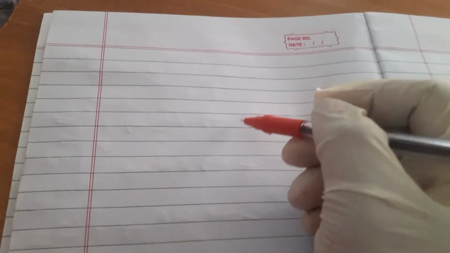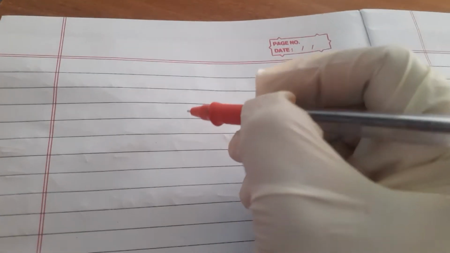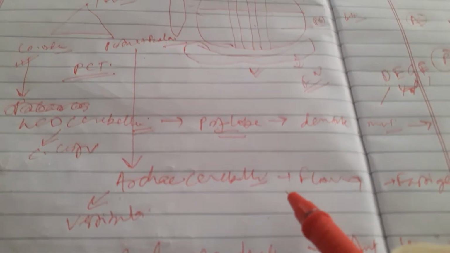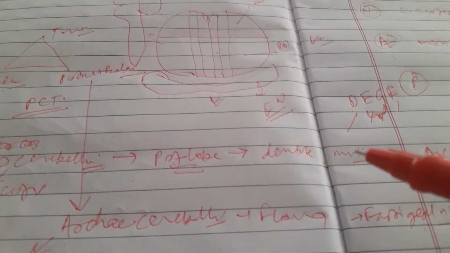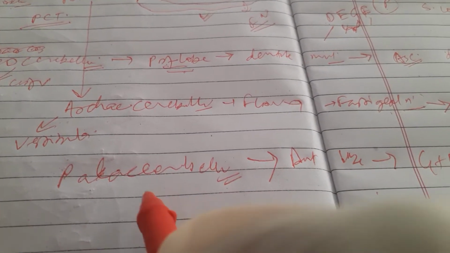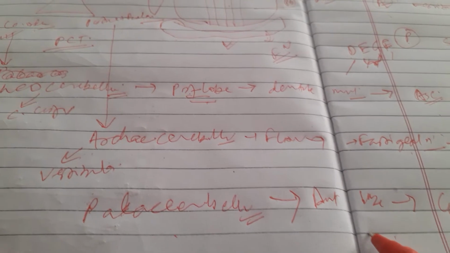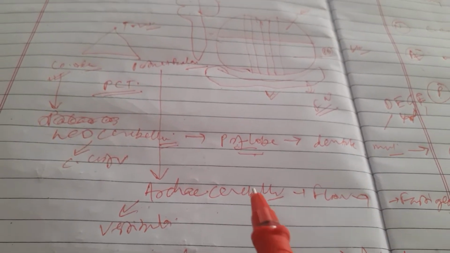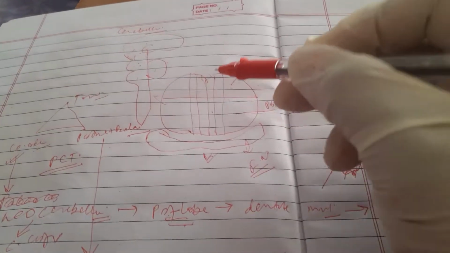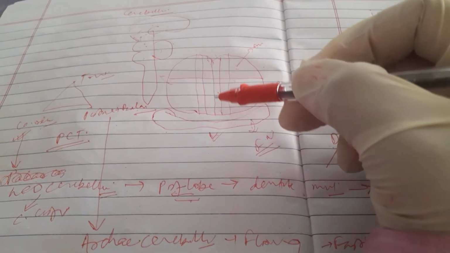Now coming to how it is done. And one thing more, in case of the vermal and paravermal area, this paleocerebellum, the anterior lobe, has got a homunculus in the vermal and the paravermal area.